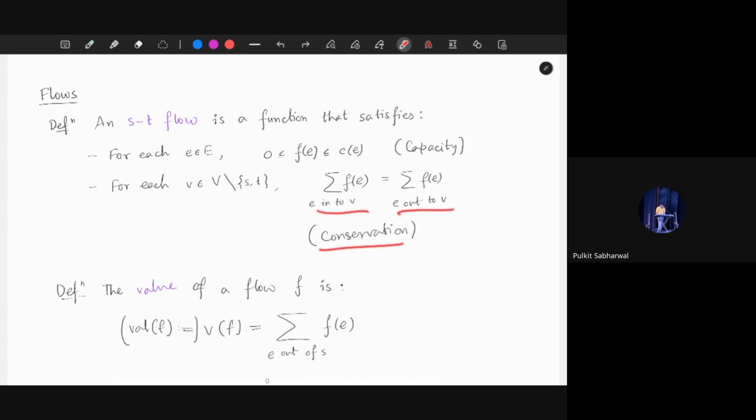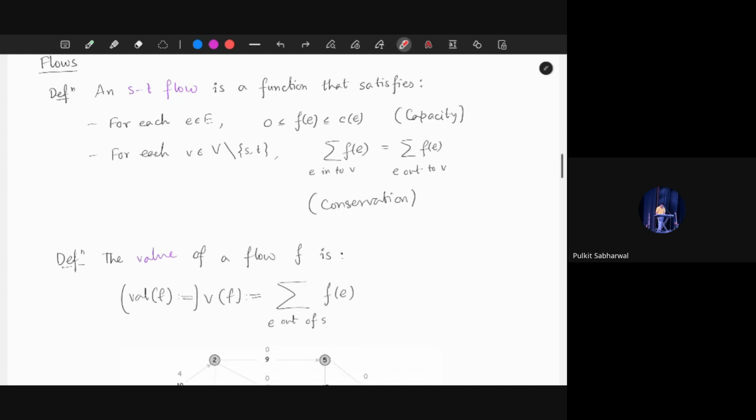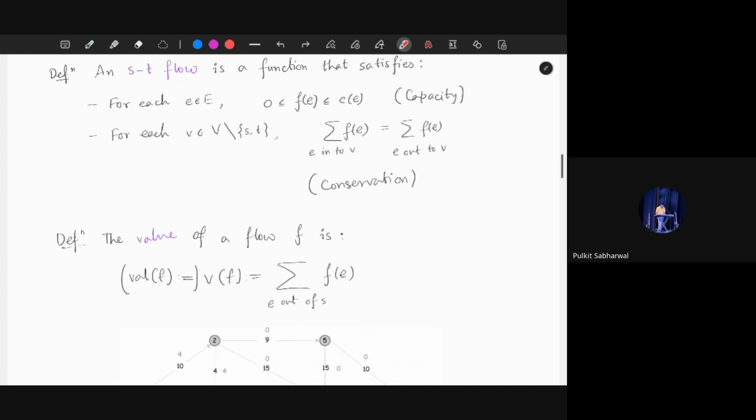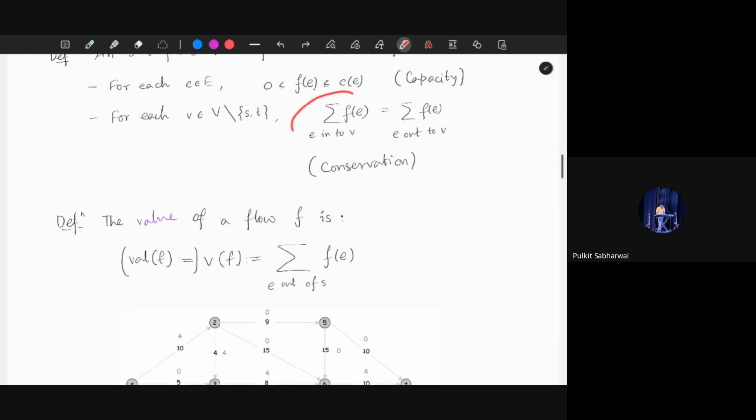Flow conservation should be satisfied: whatever flows into a vertex, the same value should flow out. Maybe you can think of it like Kirchhoff's law from the electrical network.